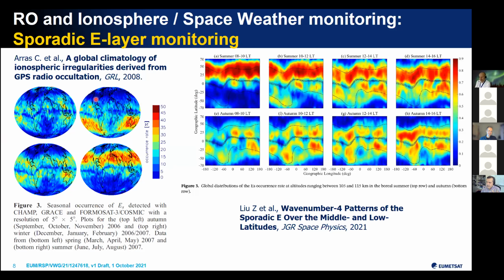This subject is quite hot, from the Arras et al. paper from Gerald in 2008 until the Liu et al. paper in 2021. So the radio occultation data is very important to provide the climatology and the occurrence of the sporadic layer, which also can have an effect on the retrieval of the neutral refractivity profiles.